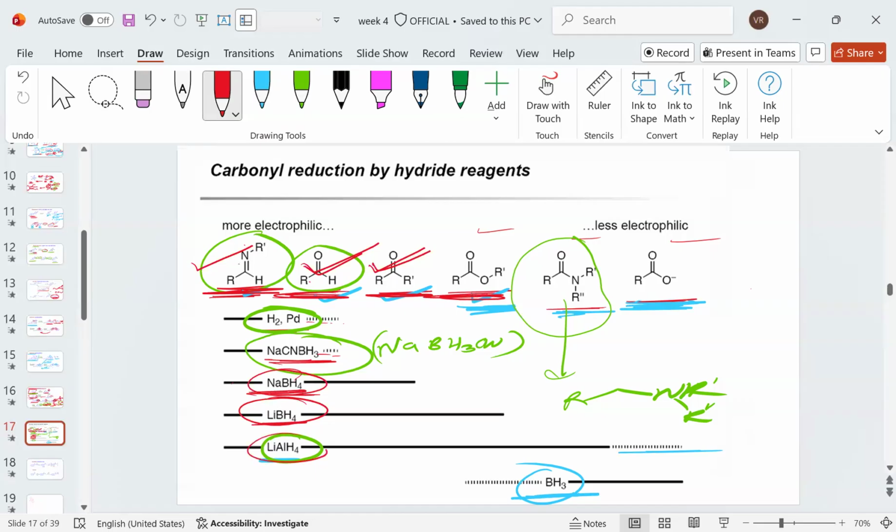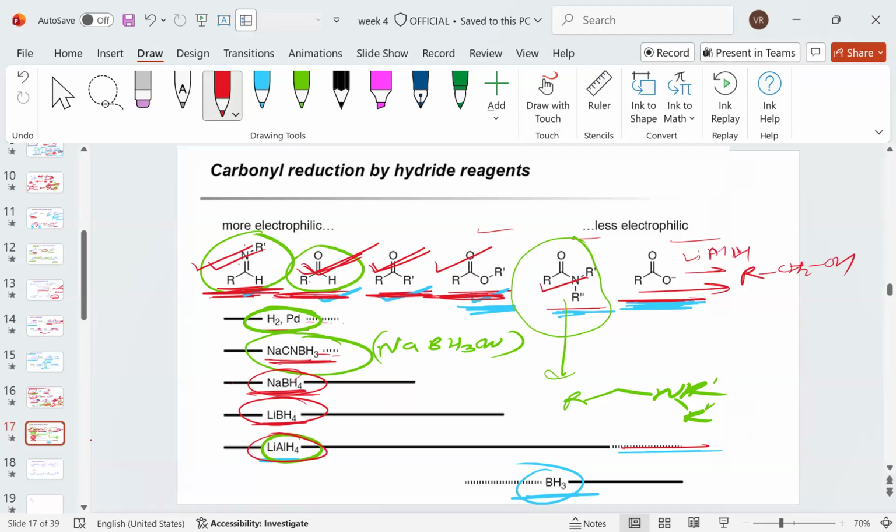Then another reducing reagent is LiAlH4, which reduces imine, aldehyde, ketone, esters, amides, and some reactive acids as well. The reduction of the acid using LiAlH4 is not very efficient, but it has the ability to reduce the acid to the primary alcohol.